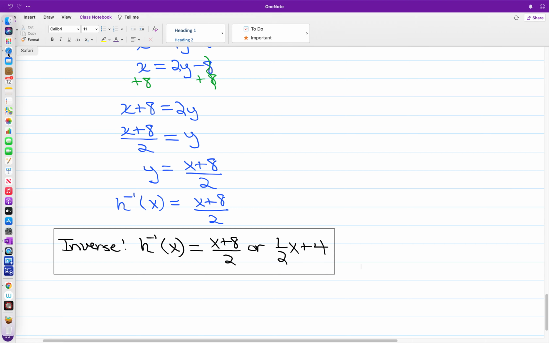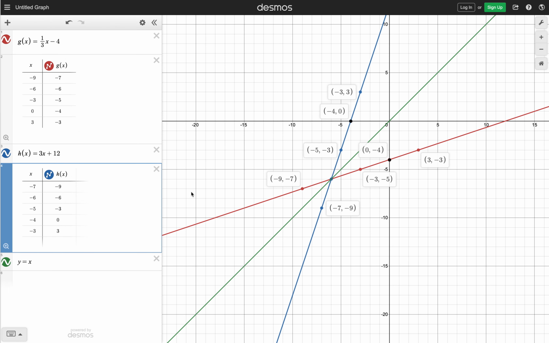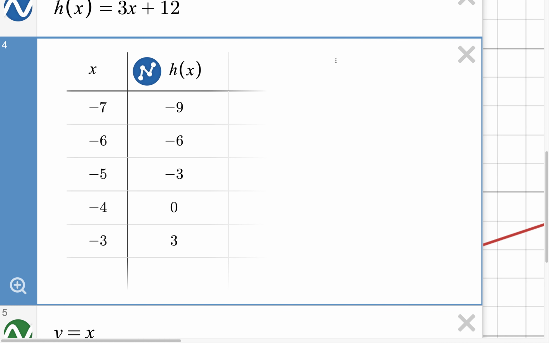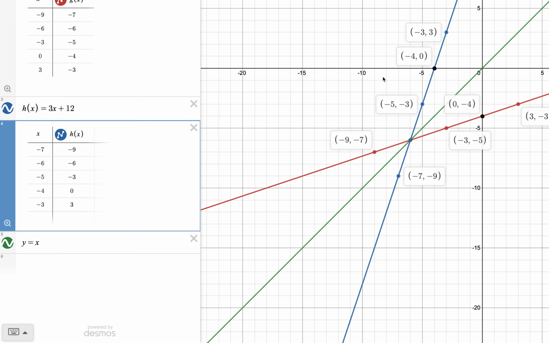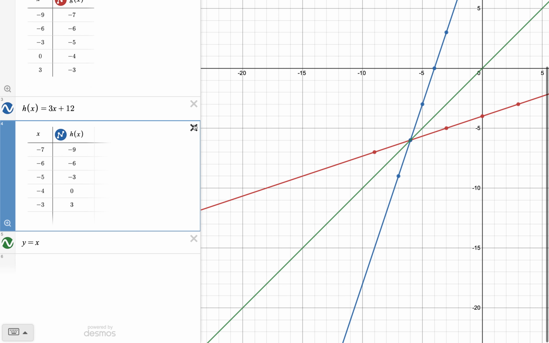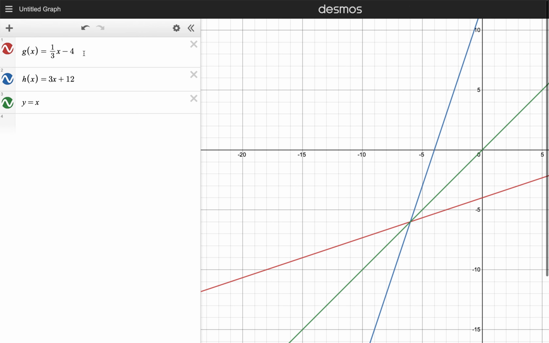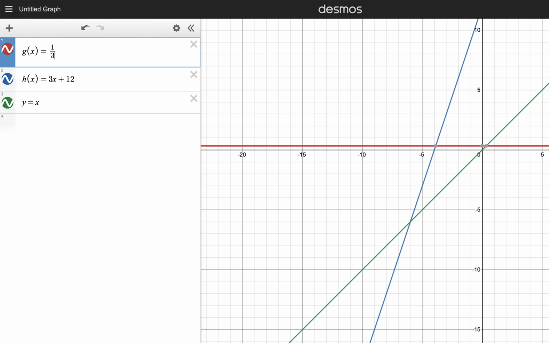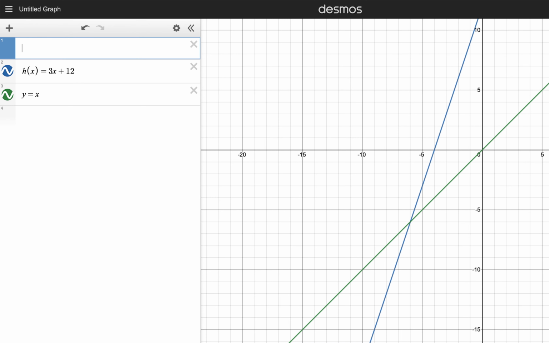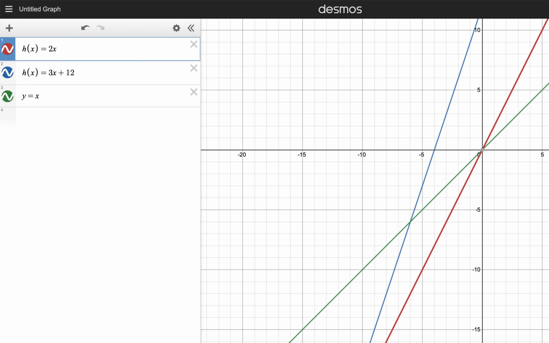And so just looking at what we have in our setup. I have h of x equal to 2x minus 8.